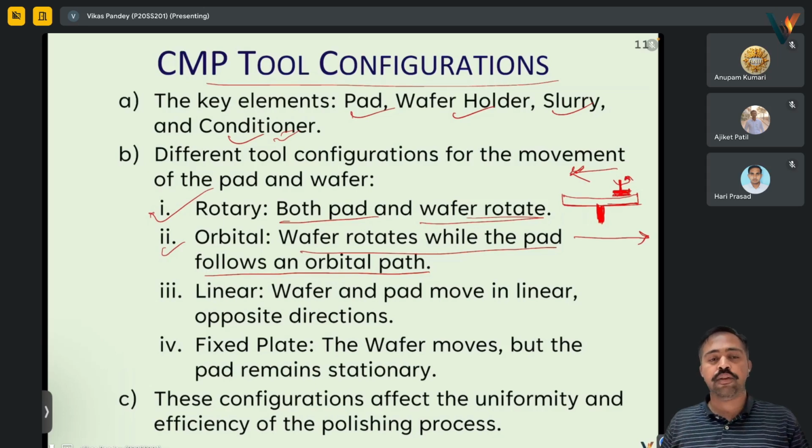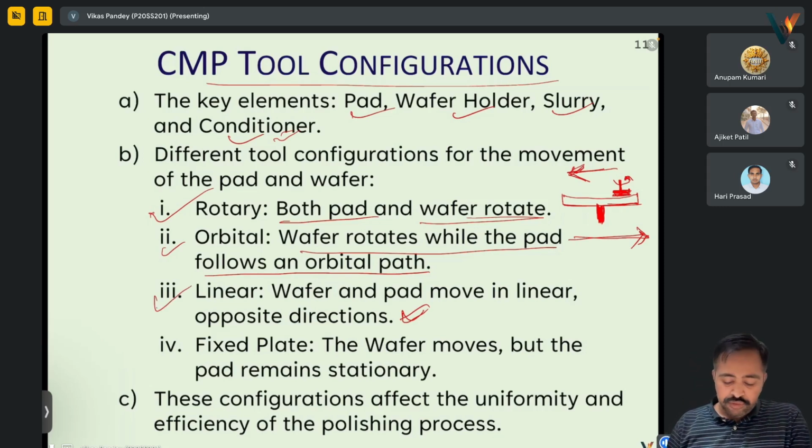It has an orbital path always. So it can be moving in this direction and the pad will move in the opposite direction. That is linear. Like that, one line is rastered, one line planarized, then the whole wafer will be moved, and then again the next line.